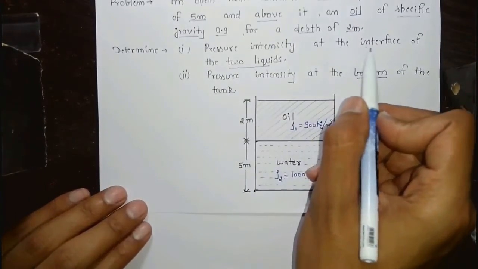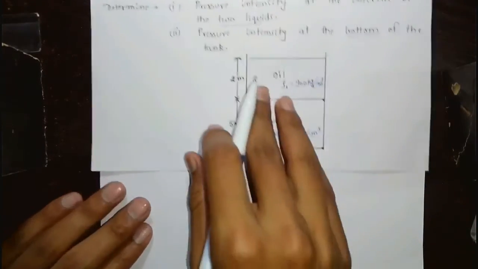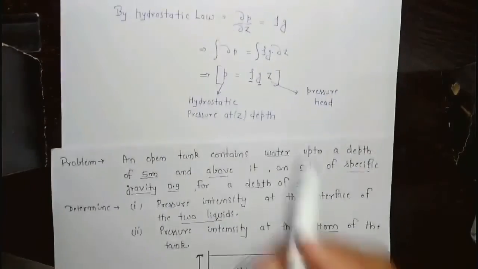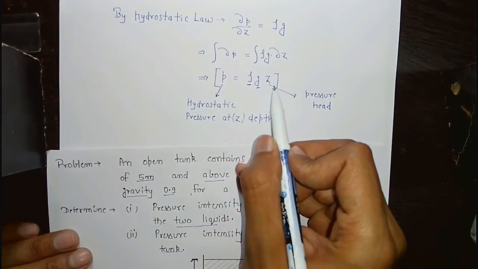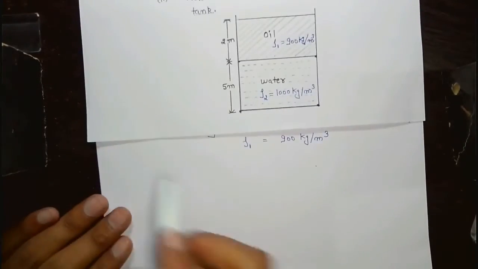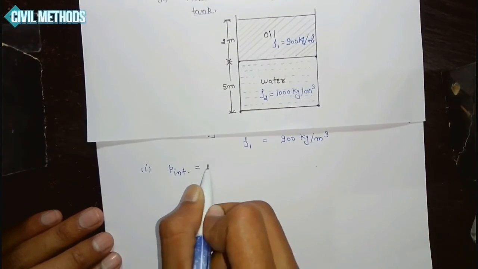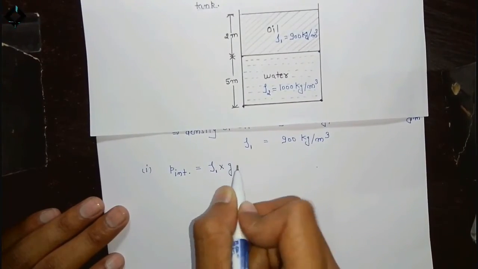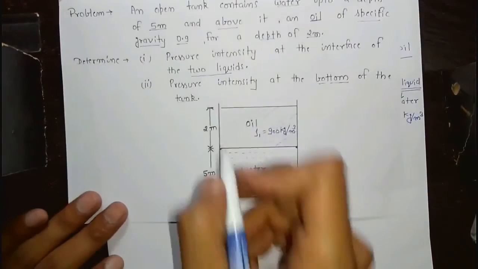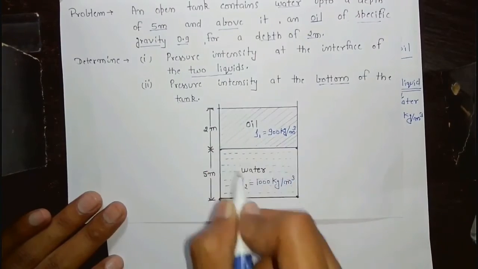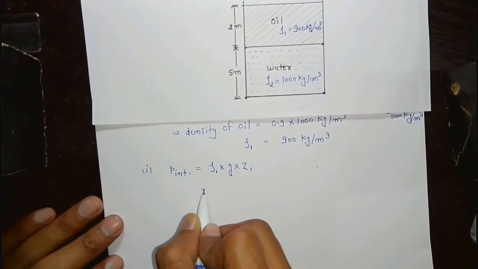First, we have to determine the pressure intensity at the interface of the two liquids. By using hydrostatic law, the pressure at depth, p at interface, is rho 1 into g into Z1. Z1 is the depth, equal to 2 meter.